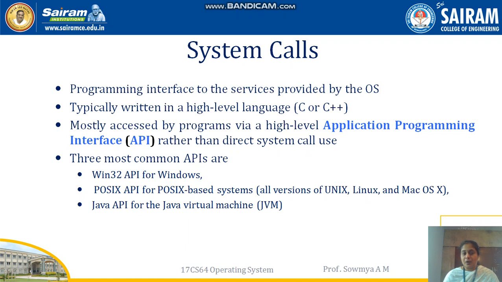Open is a system call to open a file. Like that, the application programming interface is enough to access that system call. The most commonly used application programming interfaces are the Win32 API for the Windows operating system, the POSIX API for POSIX based operating systems, and Java APIs for the Java virtual machine.